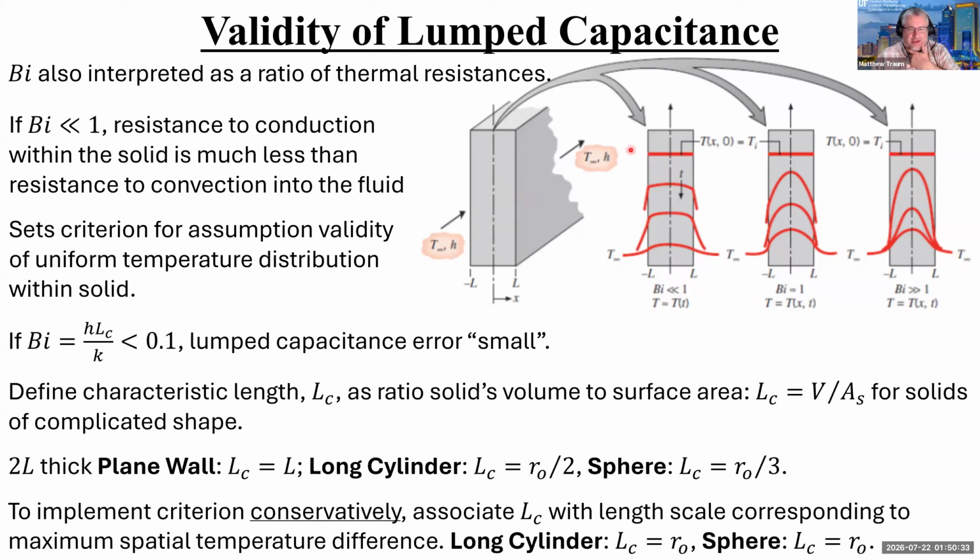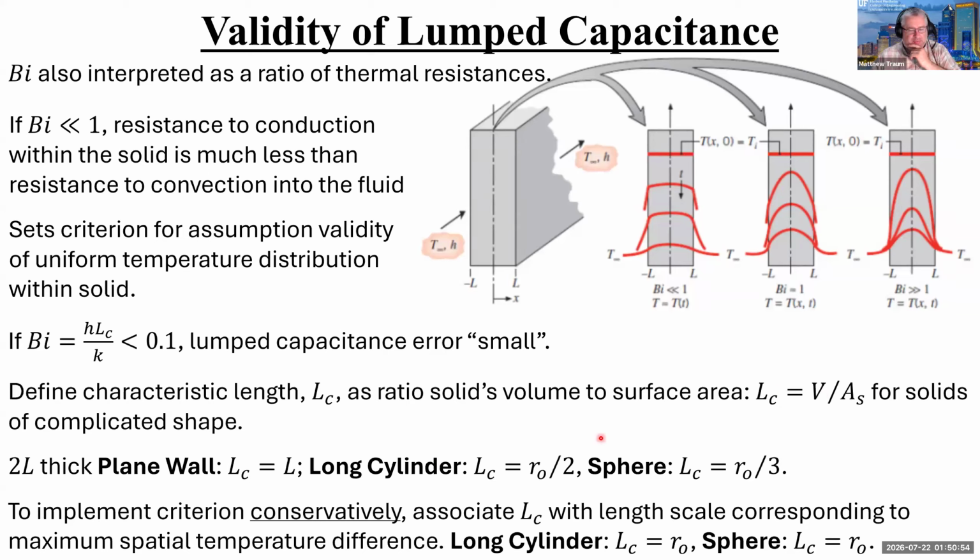And that makes sense, right? Because we're looking here at the temperature profile, and x equals 0 is L from the edges, and that's the spot where the temperature is the highest, right? So my characteristic length is half the width or half the thickness of this wall. So that one makes sense.